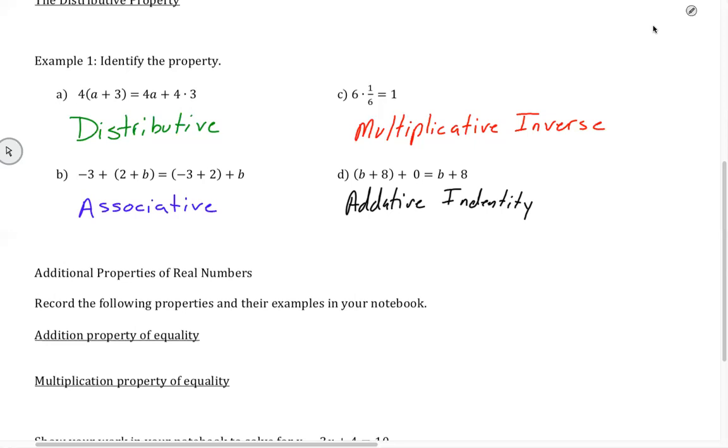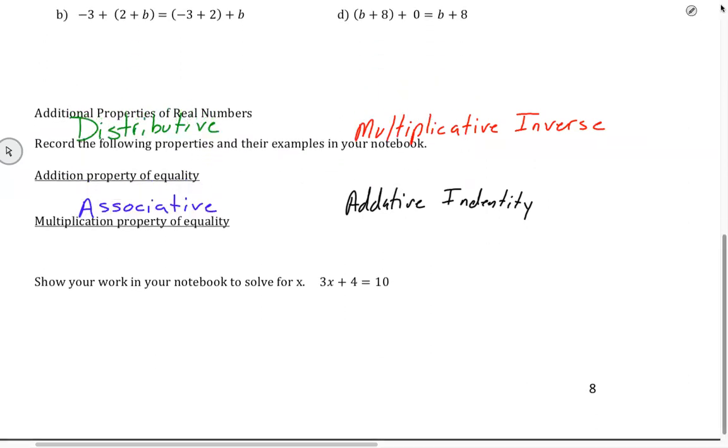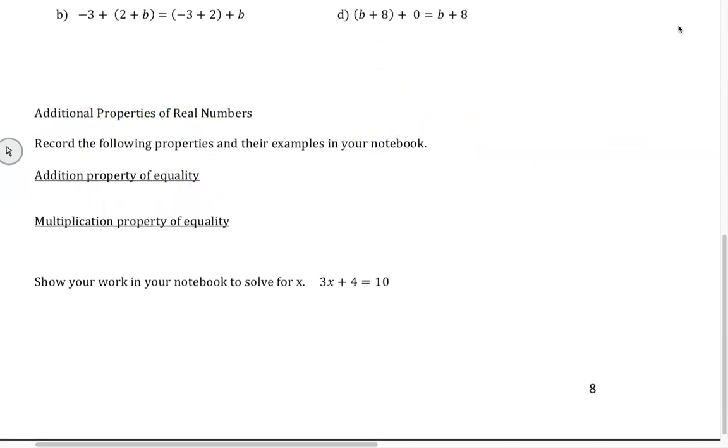So let's go down here. Now we have these two properties: the addition property of equality and the multiplication property of equality. What is the addition property of equality? I think you guys have heard this 1,000 times. In short, both of these things are this.